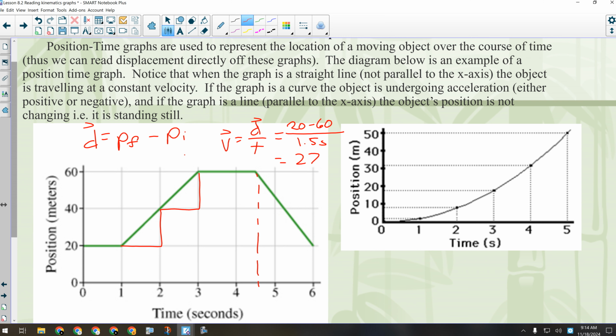What do I need to put in front of that 27 meters per second? Backwards. Yeah, because when I go 20 minus 60, I actually get negative 40. So my velocity is negative. We did say before that the object was moving backwards between 4.5 and 6 seconds. So my velocity does need to be negative because velocity is a vector quantity and because I got a negative number when I calculated my displacement for that problem.